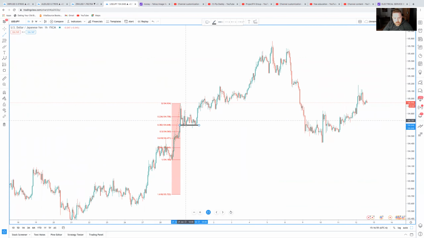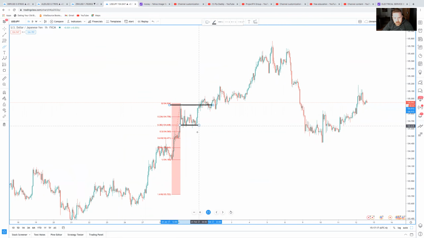So the conservative way to enter this would be to wait for price to move up and past your previous high, and some will wait for it to break above, retest, and move up. I enter when I see all this.